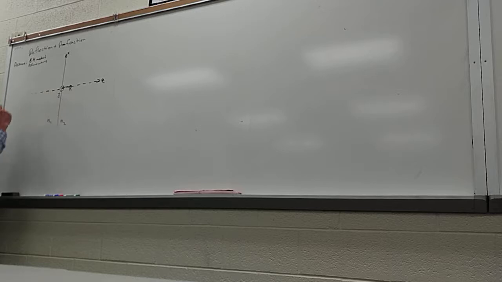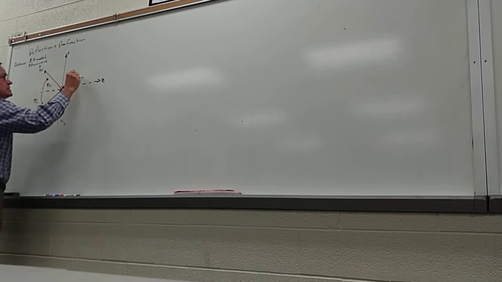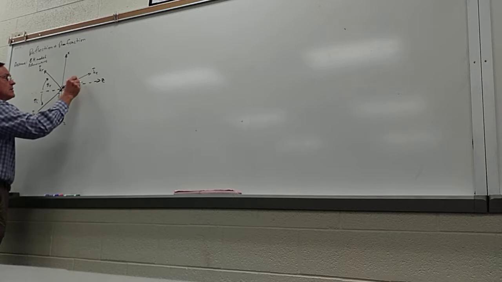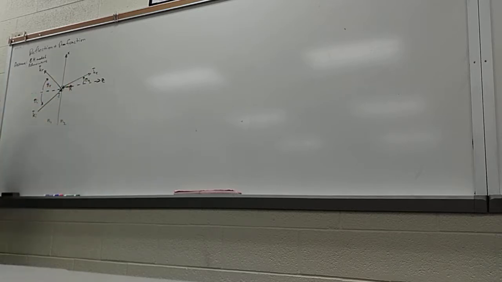Okay, so presumably we have a plane wave incident on this interface, and we can represent that plane wave by its wave vector, k sub i. Let's say it's incident at an angle theta sub i with respect to the normal to the surface. Then, in general, we expect to get a reflected wave, k sub r, at some angle theta sub r, and a transmitted wave, k sub t, at some angle theta sub t.